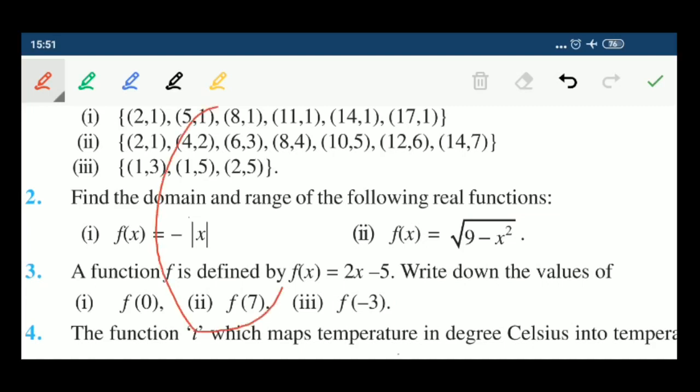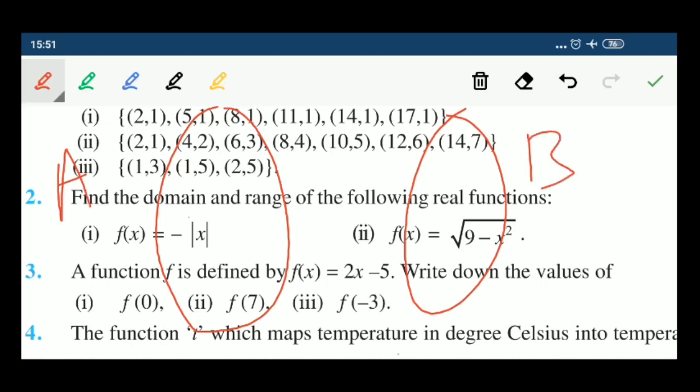In this relation, they have given two sets, set A and set B, and set A contains these elements 2, 5, 8, 11, 14 and 17, and their corresponding image, that is 1.